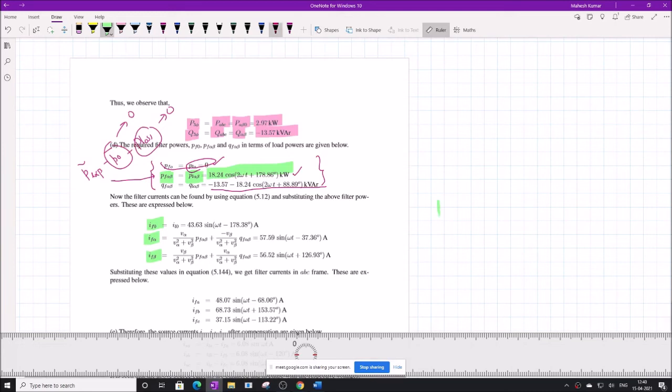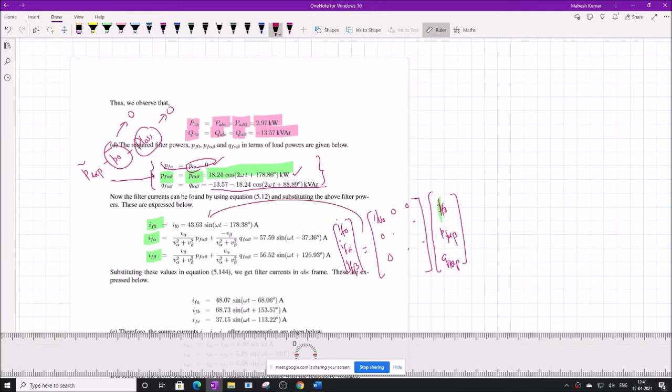This side is Pf0, Pf alpha beta, Qf alpha beta, this is one column, and the voltage matrix here equals If0, If alpha, and If beta. So you remember this matrix, 1 by V0, 0, 0, and so on. The same thing is being used here directly.